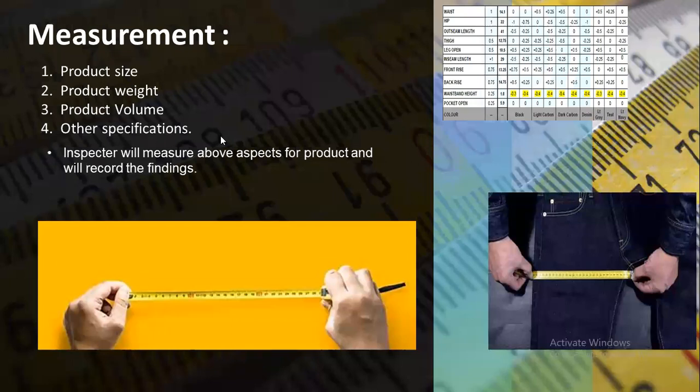Next is measurement, which is an important section in final random inspection. During measurement, we are going to cover the product size, product weight, product volume, and other specifications. Whenever we are measuring, if tolerance is provided, we have to highlight it clearly.